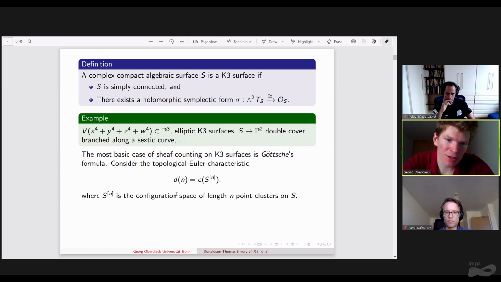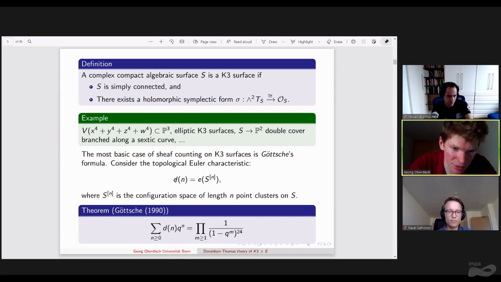Generically this space parameterizes n unordered distinct points, and when points come together you have additional structure, you remember the scheme structure of that configuration. This turns out to be a smooth projective 2n-dimensional variety, and you can take its topological Euler characteristic e. Let's call this d_n. There's a beautiful result of Göttsche which tells you that if you take the generating series of these numbers, you get a product on the right.